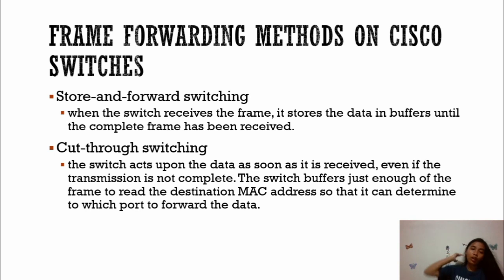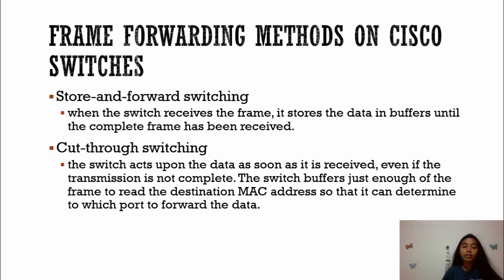If there is no error present, the frame is forwarded to the appropriate port. This process ensures that the destination network is not affected by corrupted or truncated frames. And for cut-through, it will begin forwarding the frames as soon as the destination address is determined.